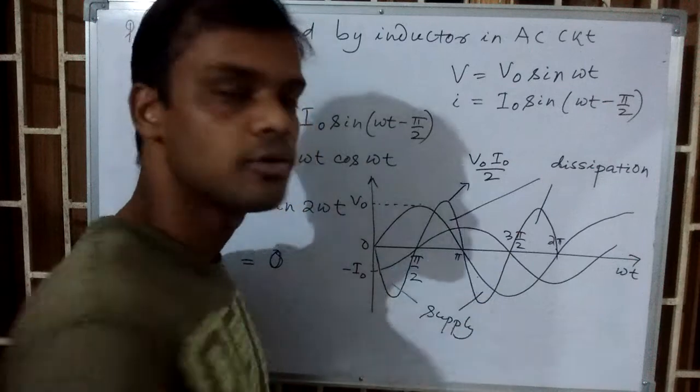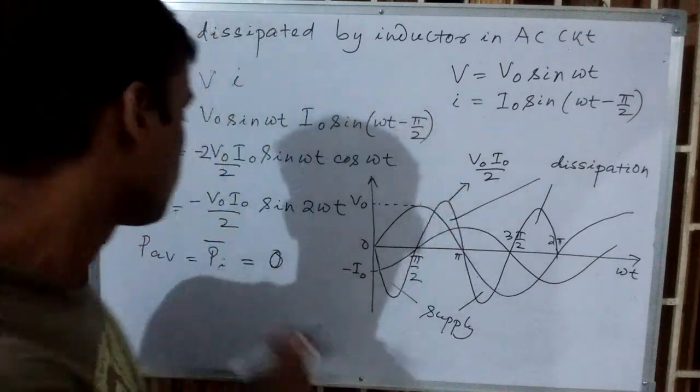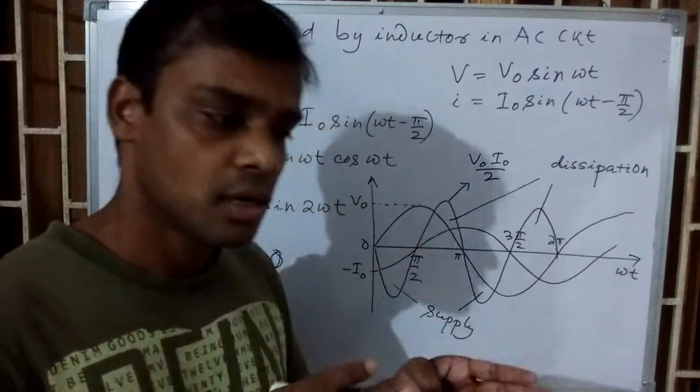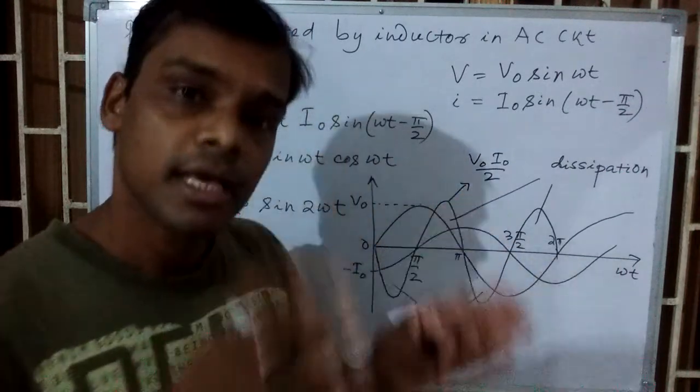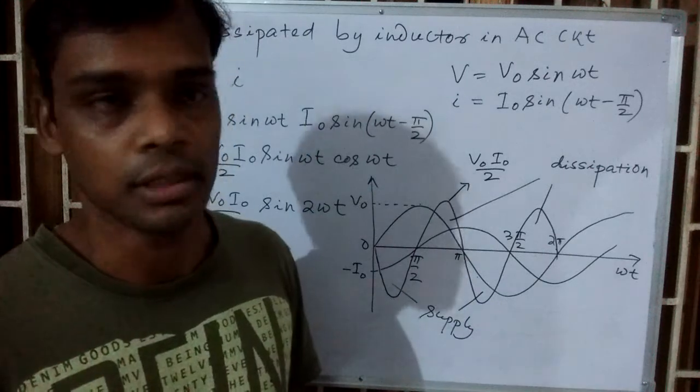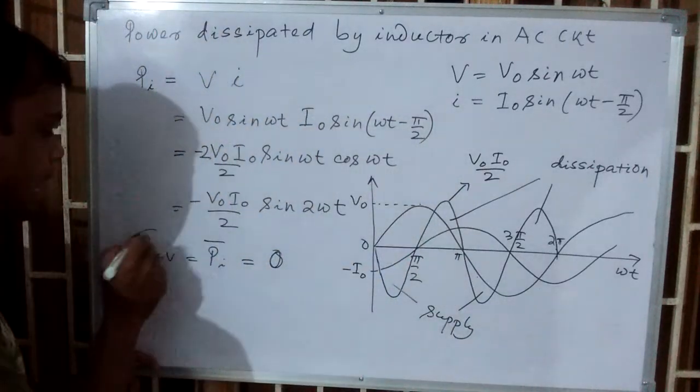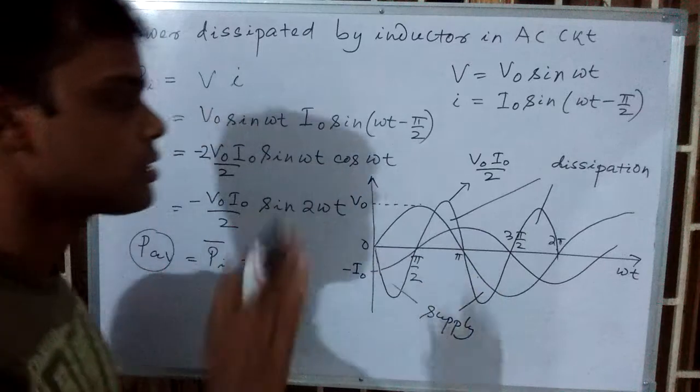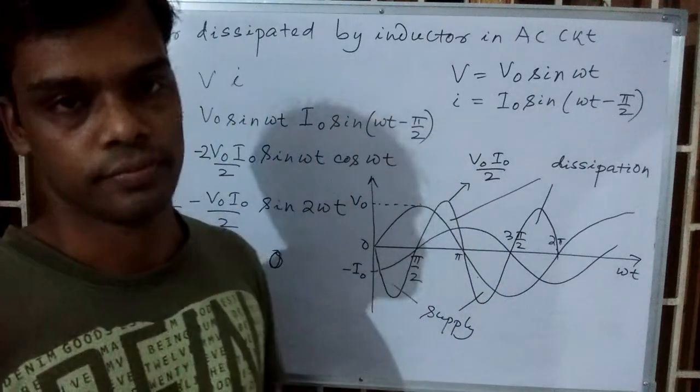Total dissipation is equal to total supply, net is 0. So at the end of one time period, neither the inductor supplies power to the circuit nor it consumes any power from the circuit. That's all. That's why average power over one cycle is 0.